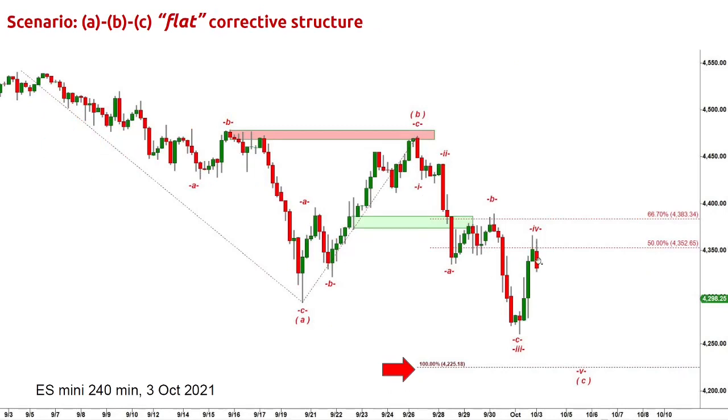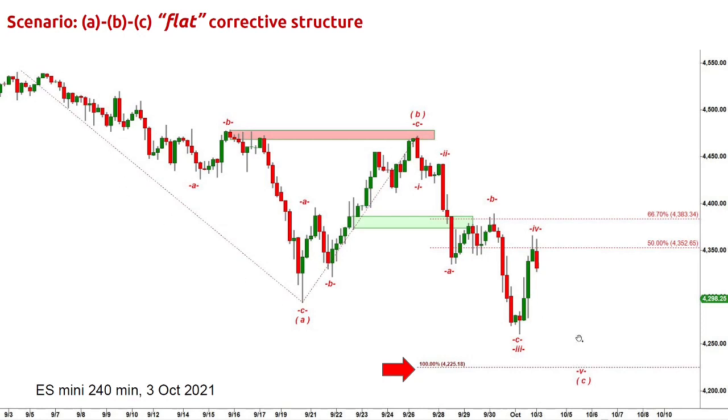In that particular case, we got a strong corrective bounce on Friday, October the 1st, and it retraced slightly more than 50% of the drop in wave 3. It's kind of a textbook target for a corrective wave 4, and at that point, under that scenario, we would expect another push down in microwave 5, and that push down would complete the whole A down, B up, and C down structure.